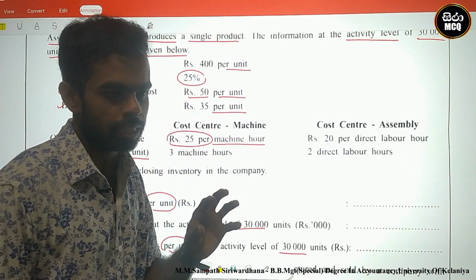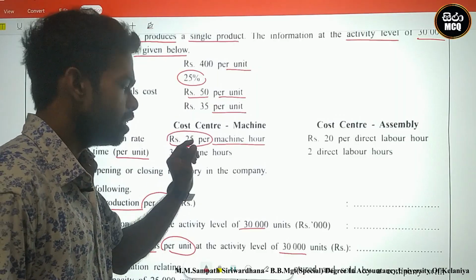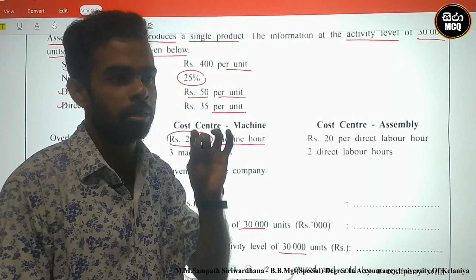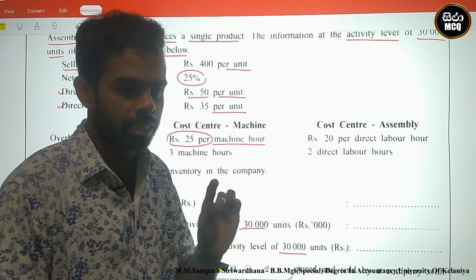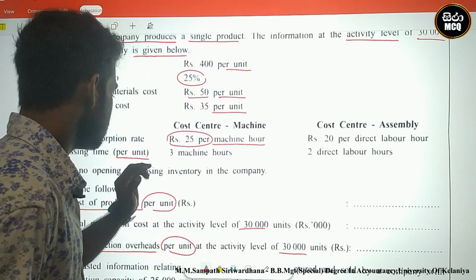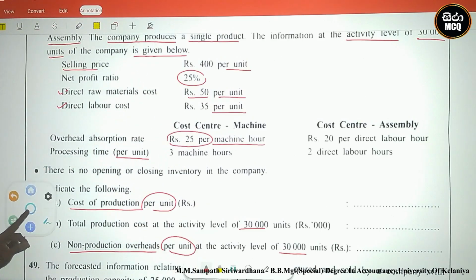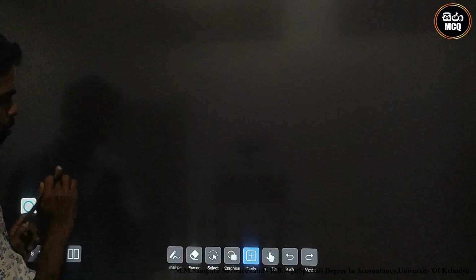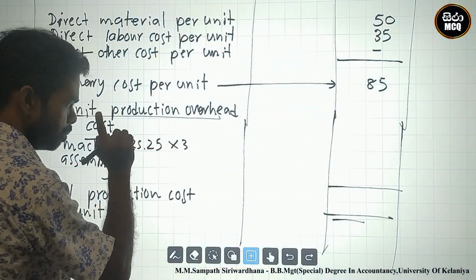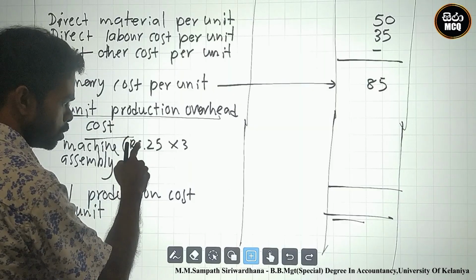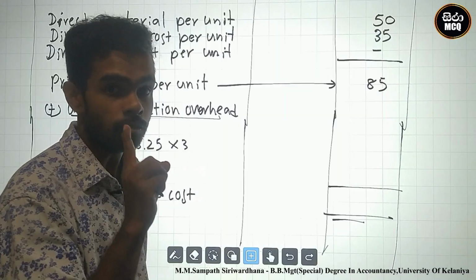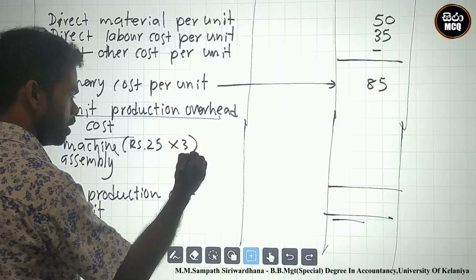Per machine hour we absorb 25, and there are 3 machine hours to produce 1 unit, therefore I multiplied 25 by 3.